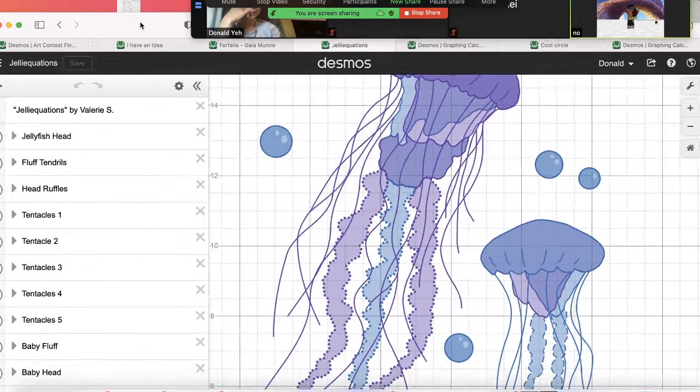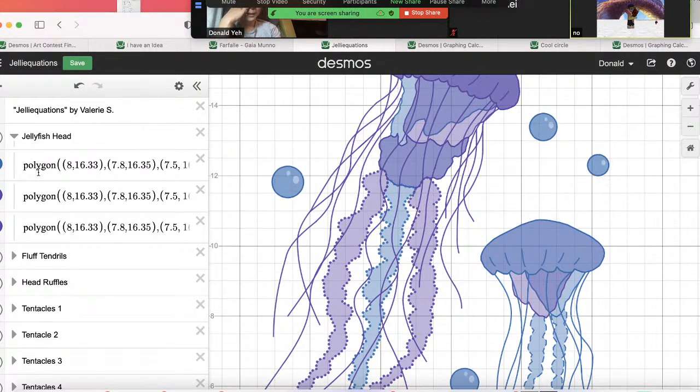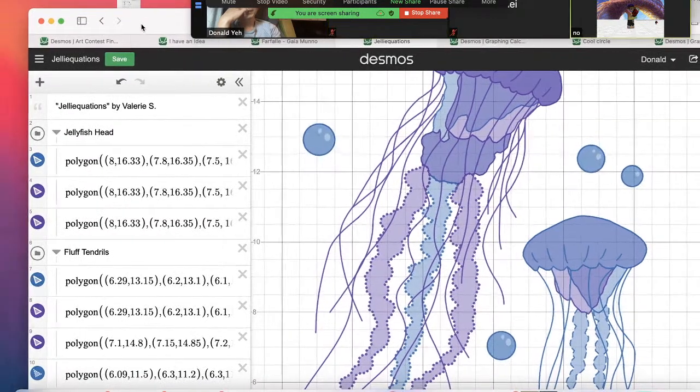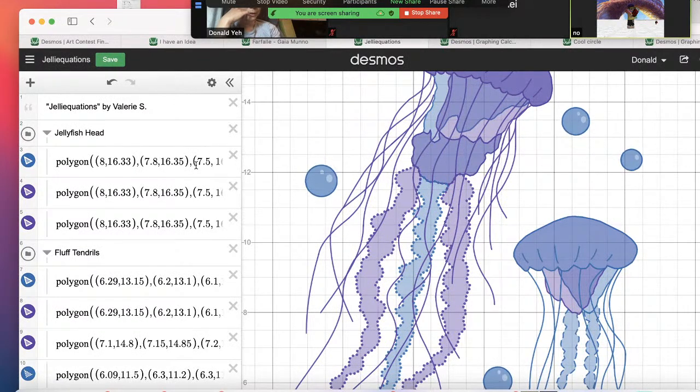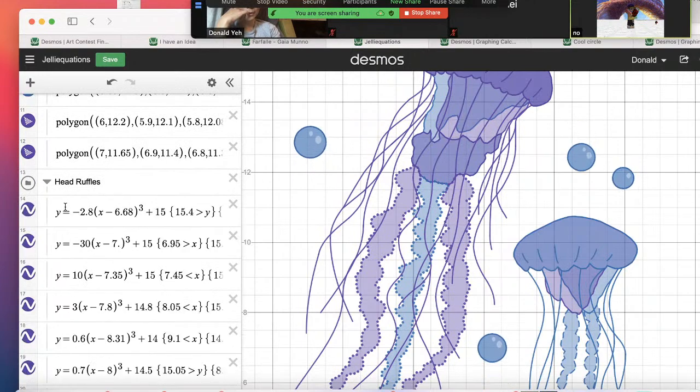How did they make this? Tentacle 1, tentacle 2? Yeah, they will tell you what they did. How do you make folders? How do you make that caption thing? How do you do polygon? Blah blah blah. This one you have to search up how they do it. I have no idea. You have to search it up, because you can actually search up all the functions.